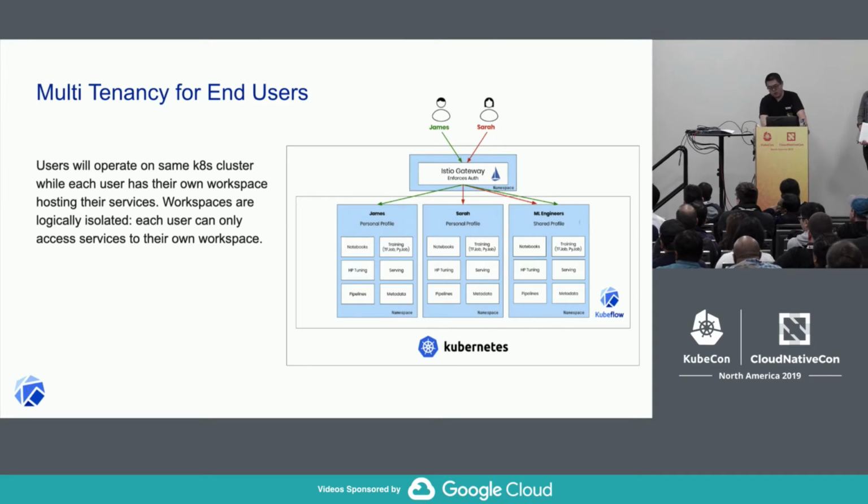We can also set up a workspace for a team, where the services are only available to that team. That's the desired state we want to achieve. We will go through a demo later today to illustrate how it works.